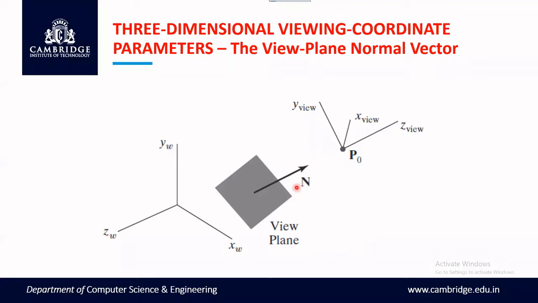The normal vector is a vector that is perpendicular to the view plane. You have the view plane, and the perpendicular to this view plane is the normal vector. The normal vector is always in the direction of viewing.